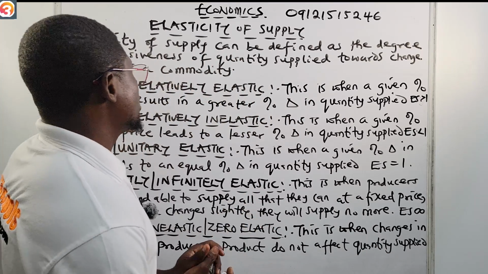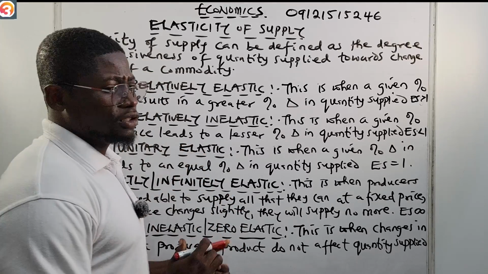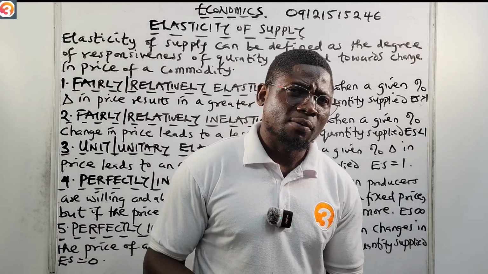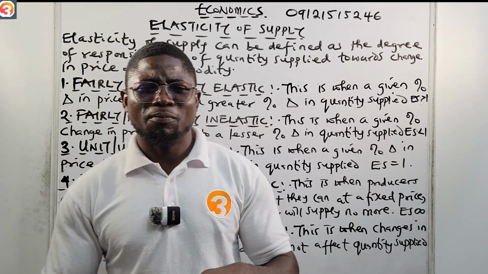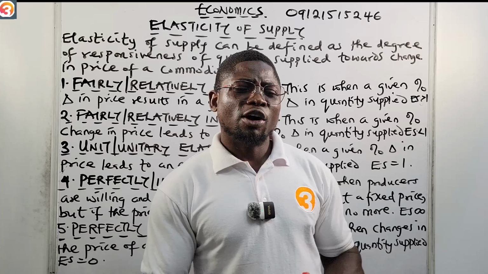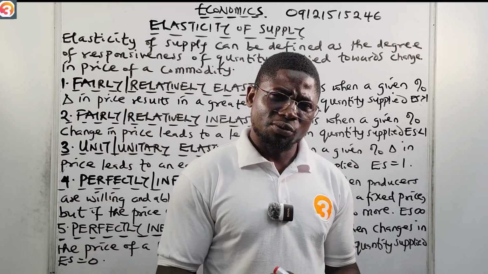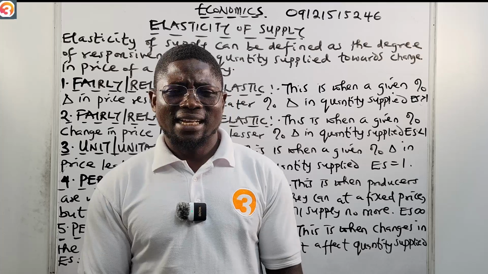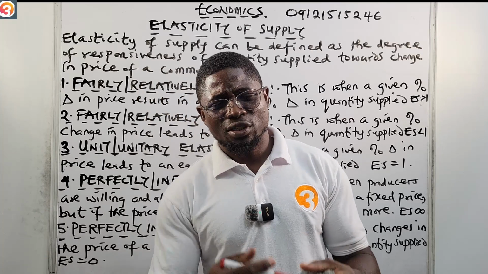So let us go to the board and talk about elasticity of supply. Okay, so what is elasticity of supply? All the while we talk about supply, we define supply, we discover the law of supply, we talk about supply function. All the while we have not talked about the magnitude of change. We said the law of supply says that the higher the price of a commodity, the higher the quantity supplied.